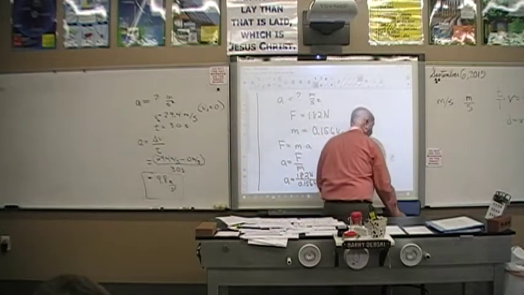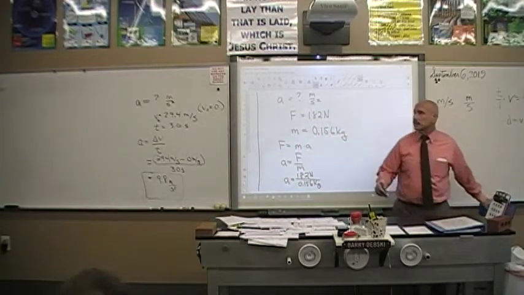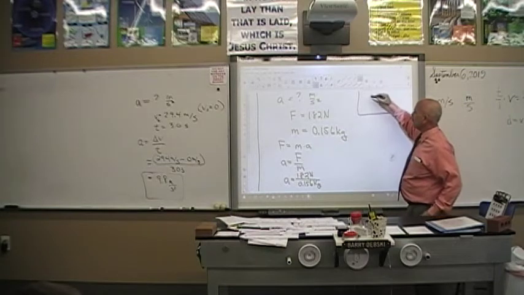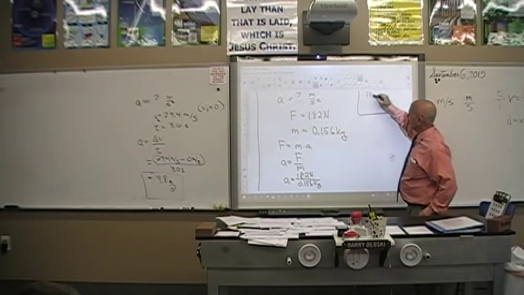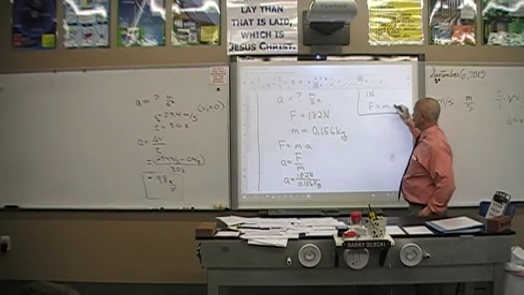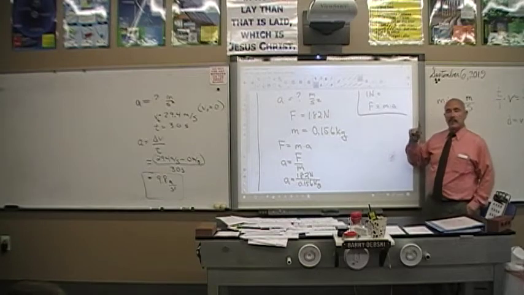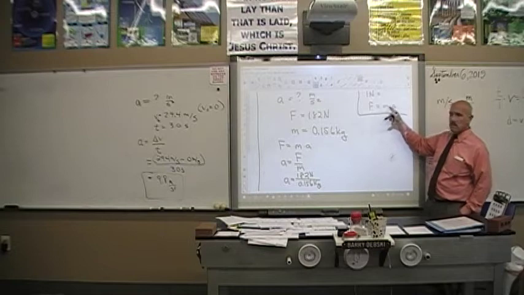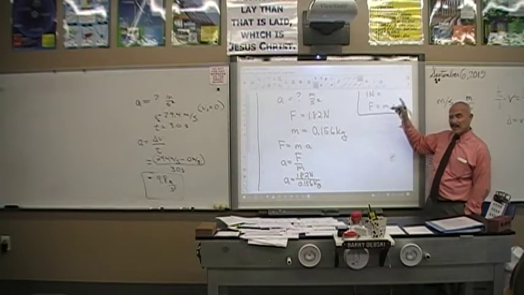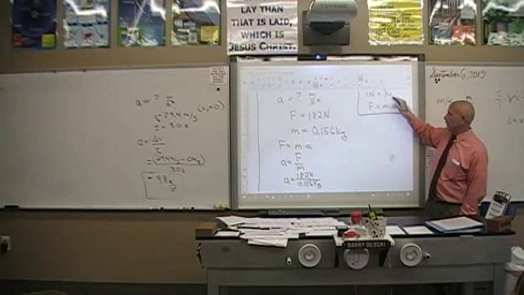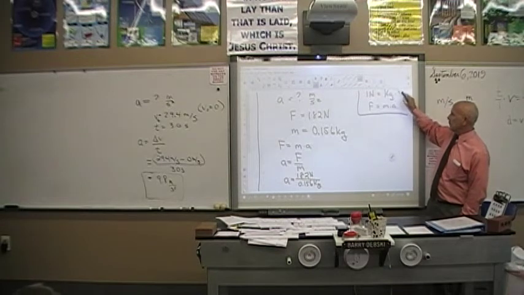So I'm going to put a little box up here just to remind you guys. If 1 newton is a measure of force, and force is mass times acceleration, then we should be able to remember that 1 newton equals mass, in kilograms. This is the only tricky part. It is 1 kilogram times 1 meter per second squared.